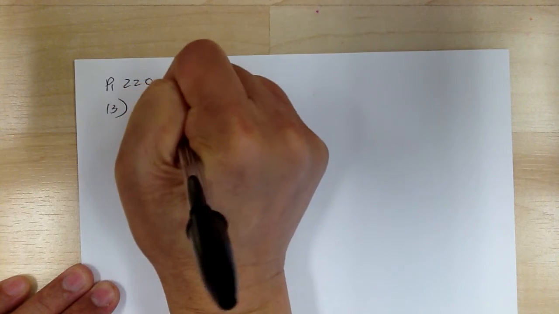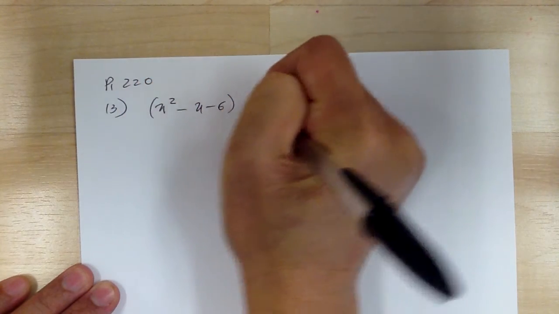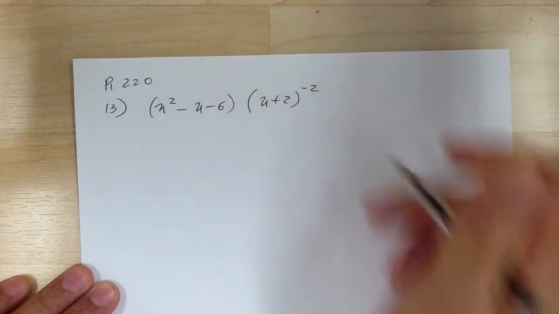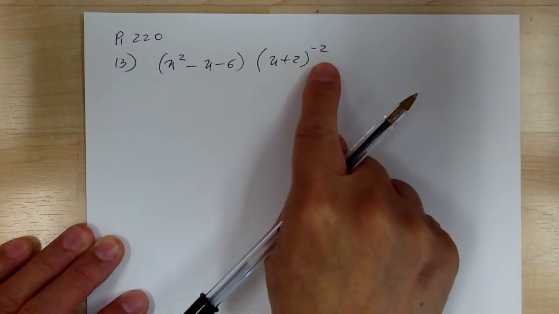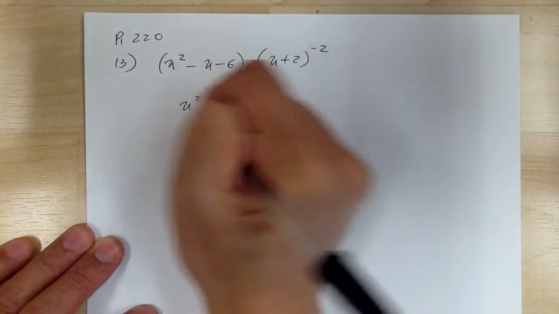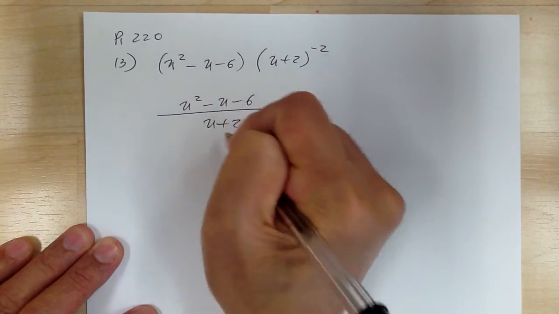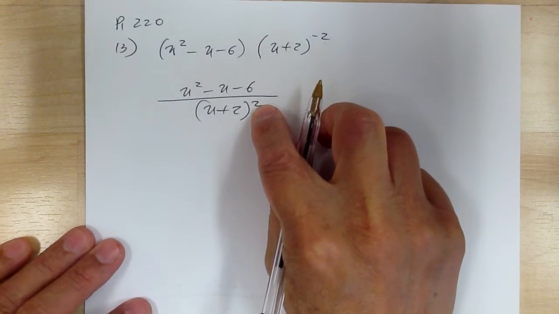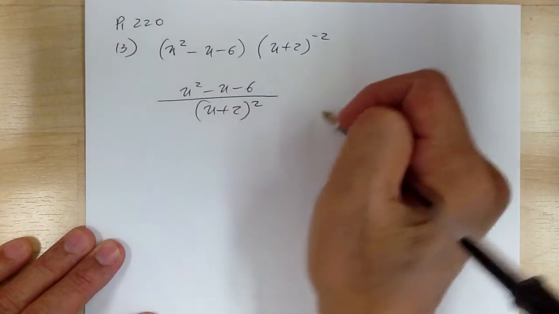Okay, let's go to number 13. So you got u squared minus u minus 6 times u plus 2 to the negative 2 power. Okay, so first you need to flip this over. So you get u squared minus u minus 6 over u plus 2 squared, right? Negative exponent means flip it over. Then you have to do the factoring.